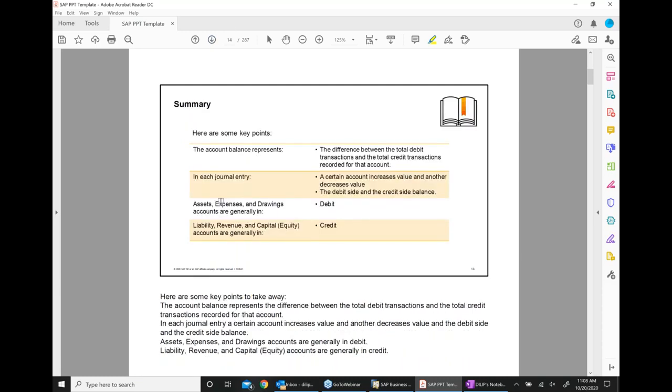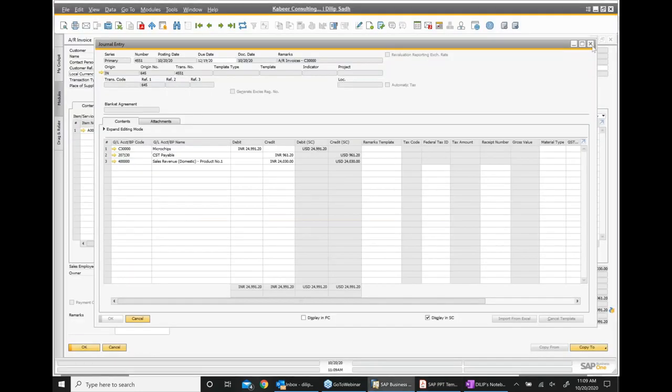So we talked about that there are different GL, different types of general ledgers, which are part of a chart of account. You can have two broad categories, balance sheet category and the P&L category. Within the P&L, you can have expense account, you can have revenue account. Within balance sheet, you can have your assets and liabilities and equities. And you can have many other brackets. That is part of your chart of account definition.